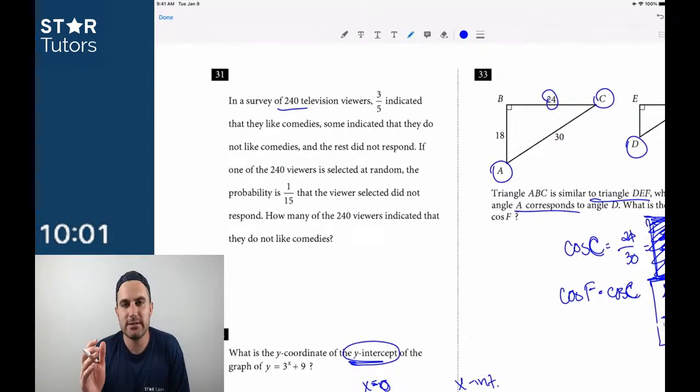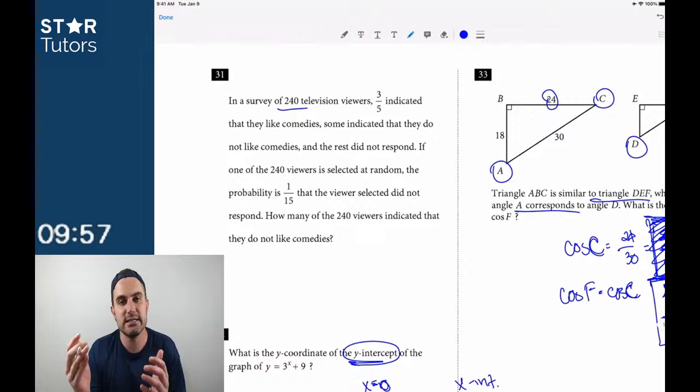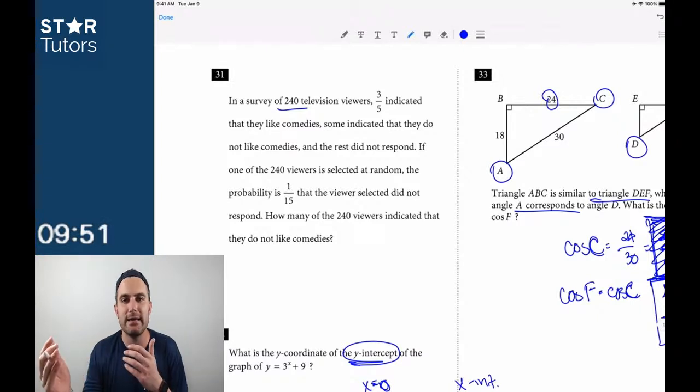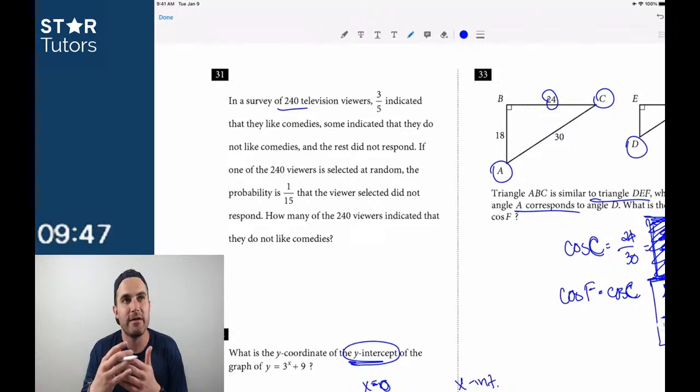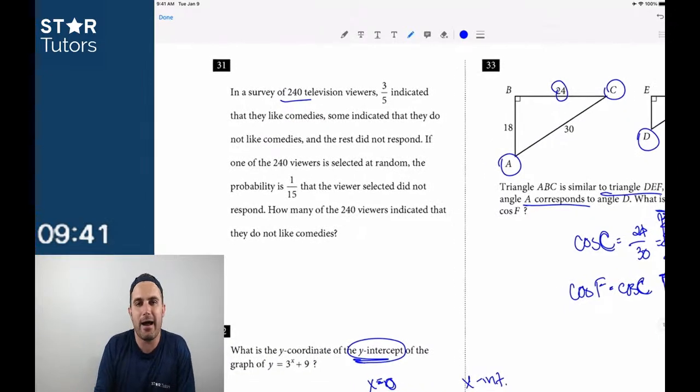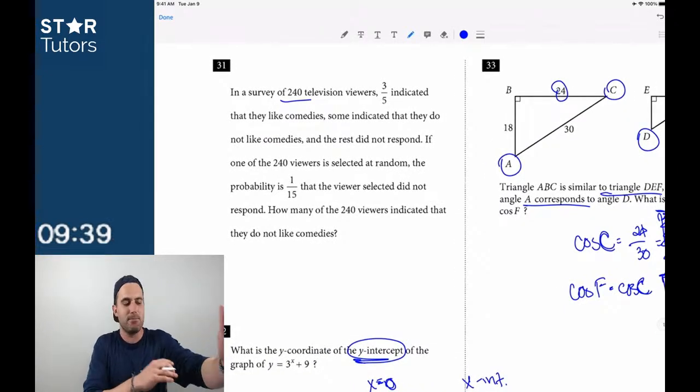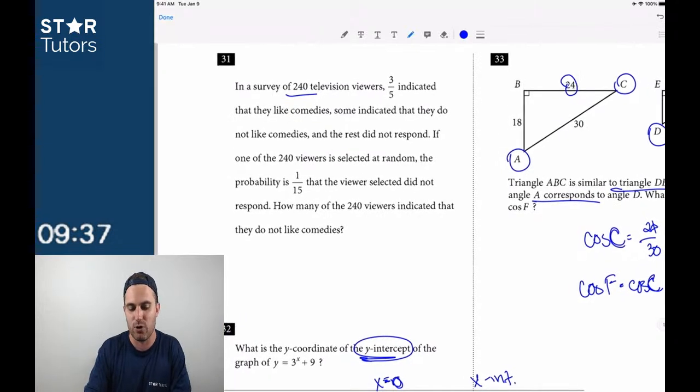So if you ever have some time left and you skipped questions, always go back to the free response questions just to see if you can do them. If you can't, don't overstress it. But if you can do those, you have an advantage because you can't guess on the free response, whereas on the multiple choice, I'm going to guess a few of those right. If I skip 4, I'm guaranteed to guess one of those right just by normal probability. But there's a 99.999% chance that you cannot guess this 31 right.